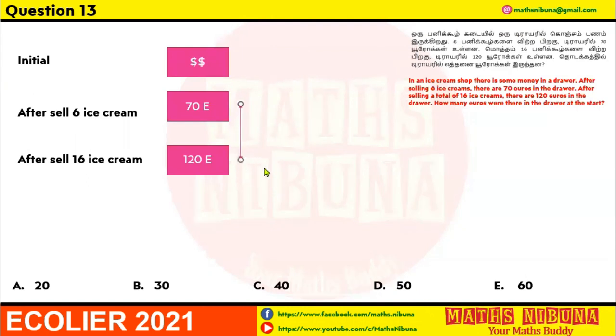But for your level, first you compare how much money you earn from the second to the third, and how many ice creams are sold from the second to the third. Previously he sold 6, now 16. That means he sold 10 more ice creams.